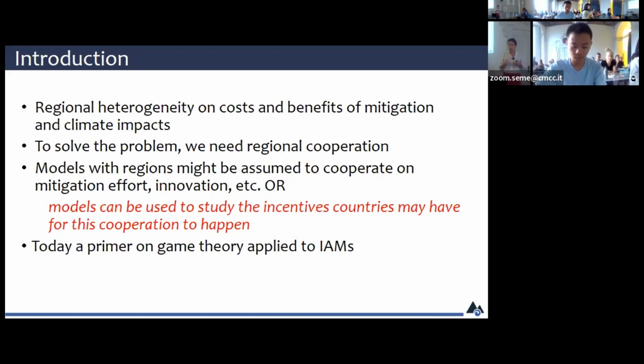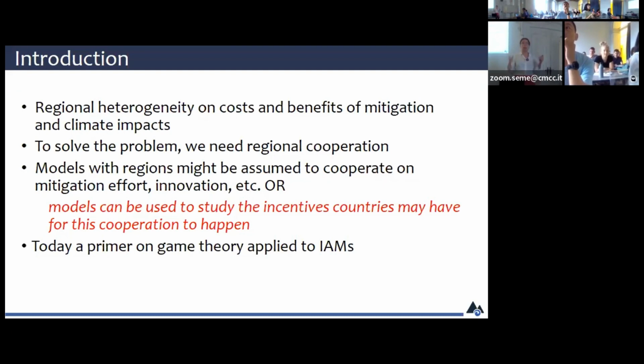Most models we run, most runs we do, either we assume countries are going on their own, no cooperation whatsoever, or we assume some form of cooperation on the climate imposed by God or the UN or whatever you want. We impose this constraint, and we as modelers decide how to impose it on countries, with different ways of sharing the effort.